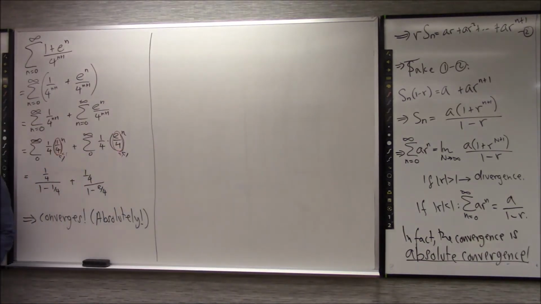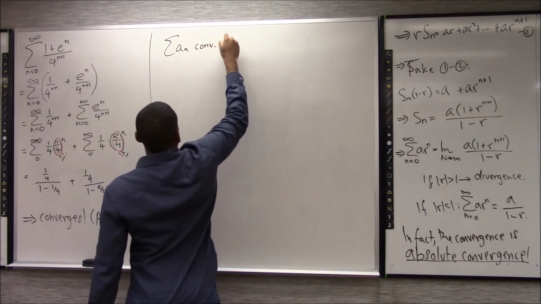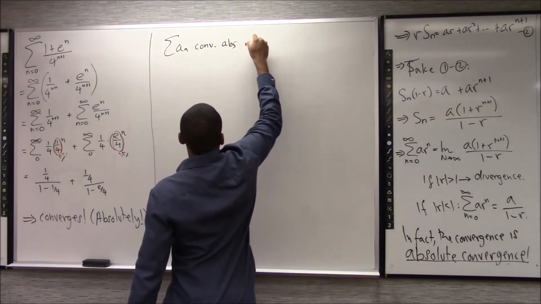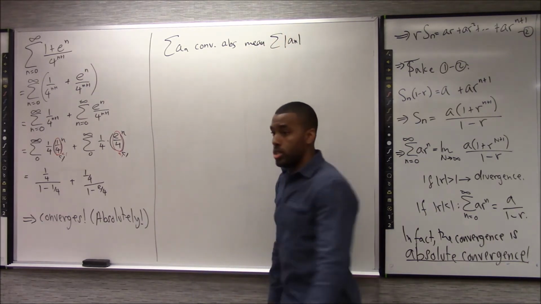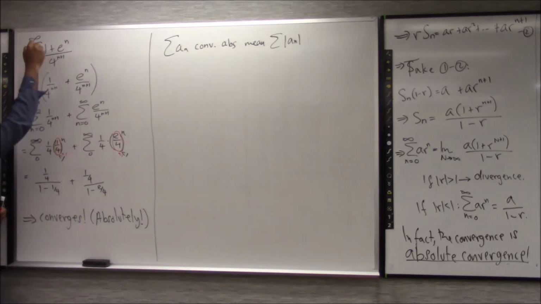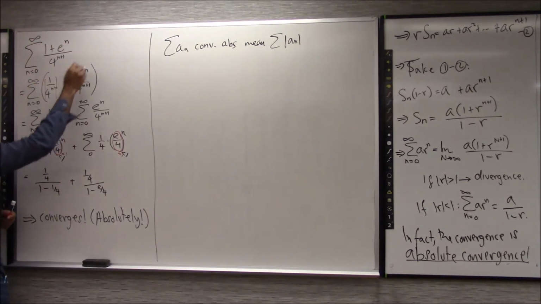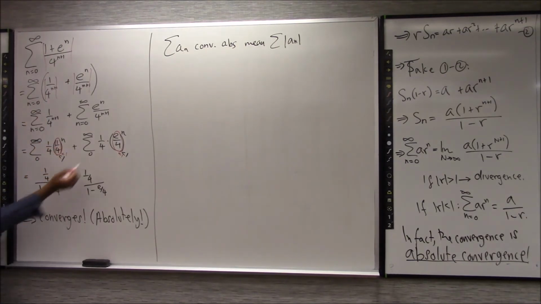How do you test if it converges absolutely? Converges absolutely means, if I put absolute values around each term, it converges. And in this case, if I put absolute values around these guys, it wouldn't actually make a difference because it's already positive. So the absolute value of the quarter won't matter.